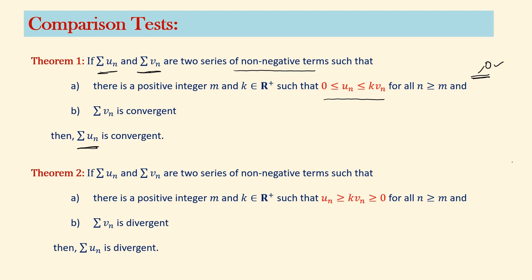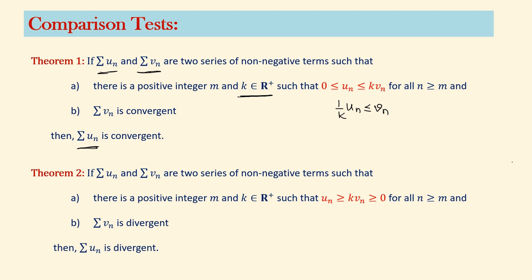So if the series contains only non-negative terms and satisfy this condition, 0 less than or equal to un less than or equal to k times vn, where k is a positive real number, k belongs to R plus. Since it is a positive real number, I can rewrite this as un less than or equal to, if this k is taken this side, 1 by k times un less than or equal to vn.